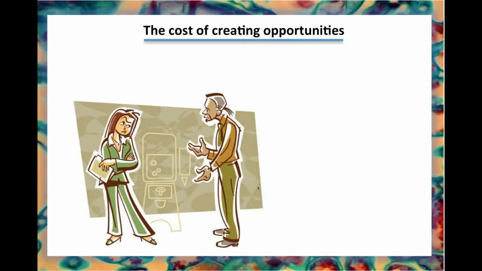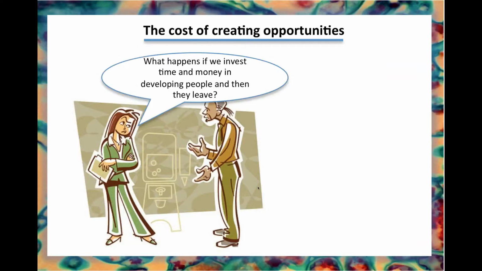Here in this little cartoon, we have a common conundrum that will be facing your existing or future employers in the research sector and in other sectors. At this water cooler conversation, we have two executives from a company, and the first one, the chief financial officer, for example, is saying, what happens if we invest time and money in developing people and then they leave?